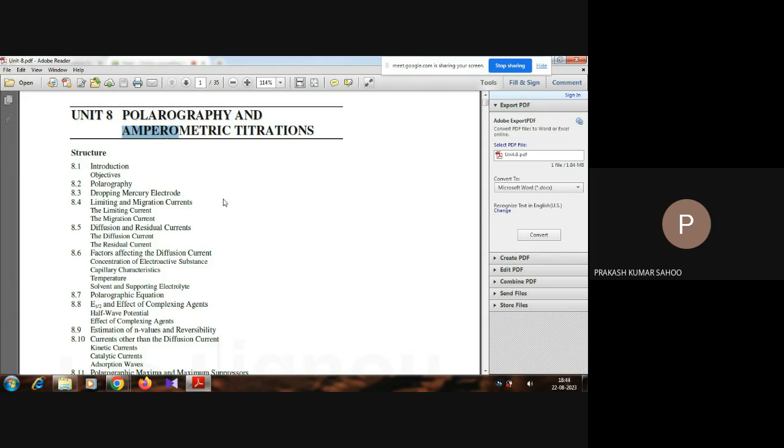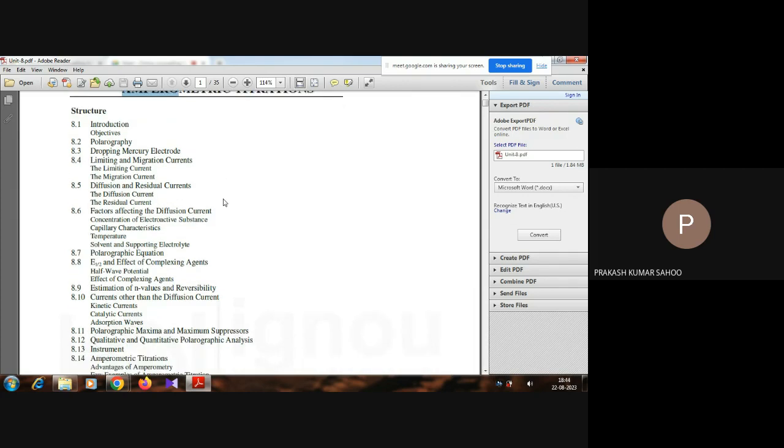We will cover the objectives, what polarography is, then different types of electrodes, that is DME, limiting and migration current, diffusion and residual current, and the diffusion current.